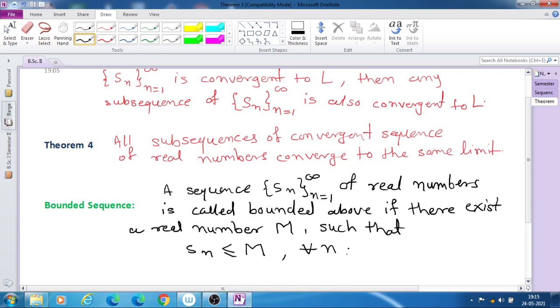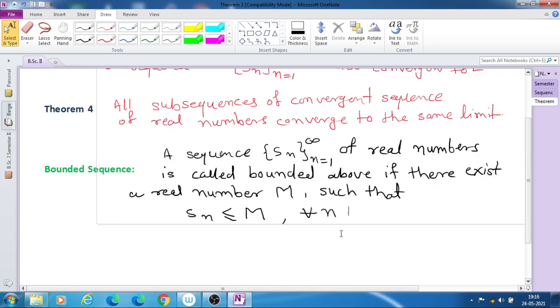So this is the definition of a sequence bounded above. Sn means the nth term of the sequence. This nth term is always less than or equal to that given number M, for all n.